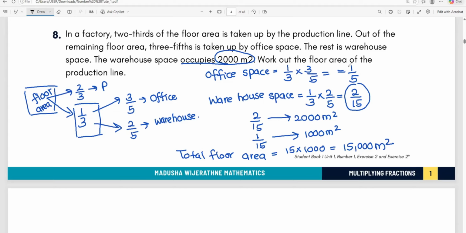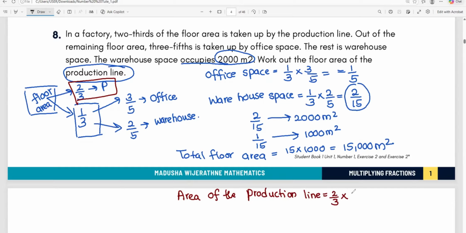They ask about the production line. Then production line is 2/3 from the total area. Total floor area is 15,000. From that, 2/3 is production. Area of the production line: 2/3 of total area.